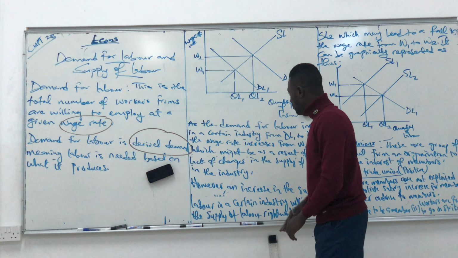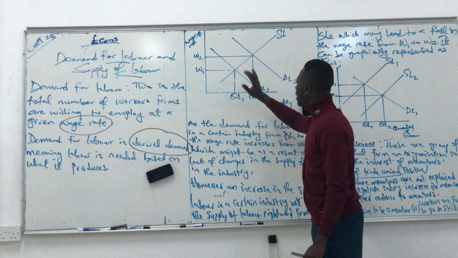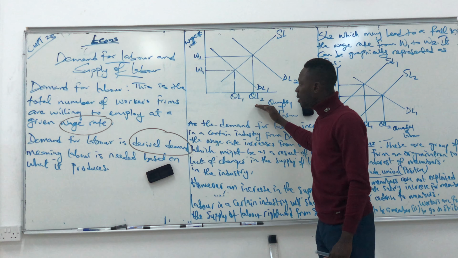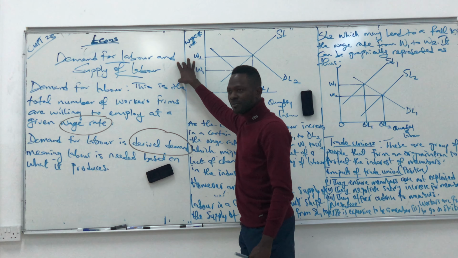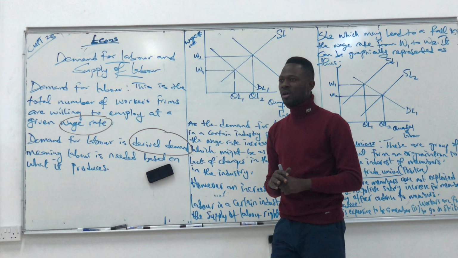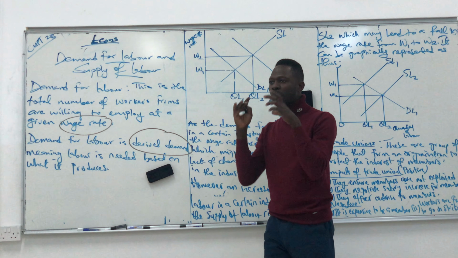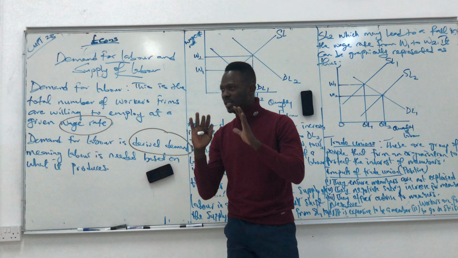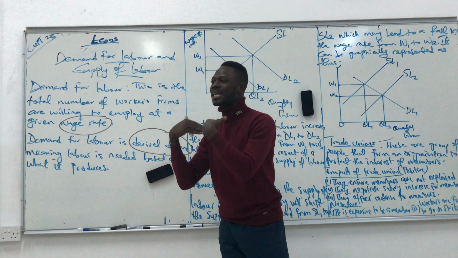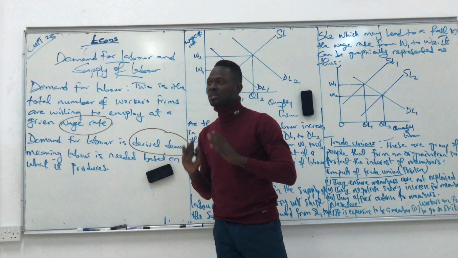So, we go into the graph immediately. Look at this graph. We have the quantity of labor and we have the wage rate. For demand for labor, most of the time in an industry, the supply of labor would remain the way it is, like the total number of workers making themselves available are not much.